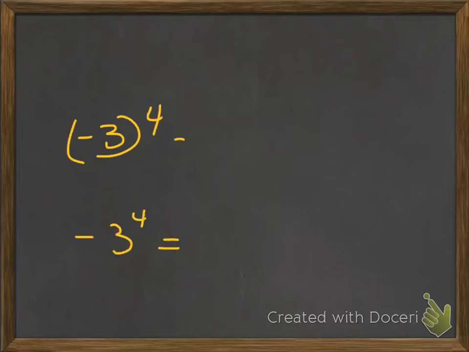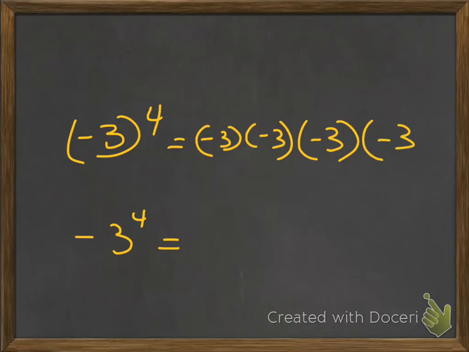Let's do one that's even. So if I had negative 3 in parentheses to the 4th power and negative 3 to the 4th power without parentheses, this says that I'm going to have negative 3 four times.